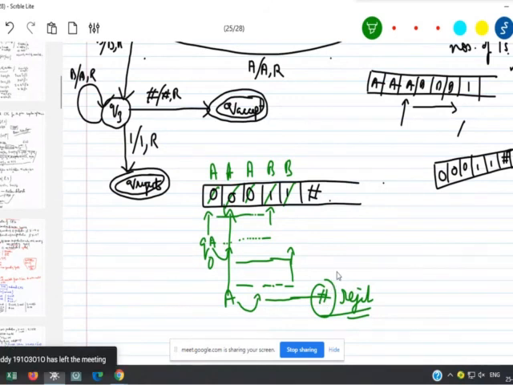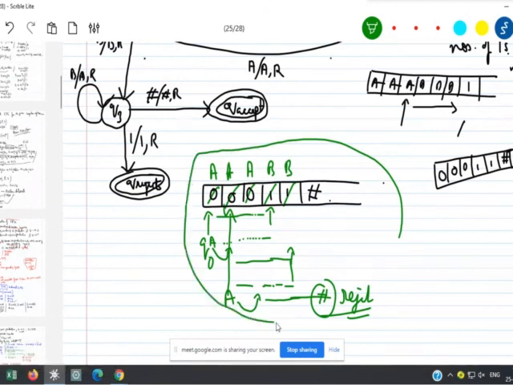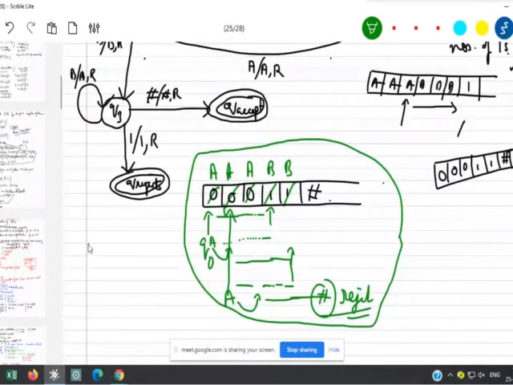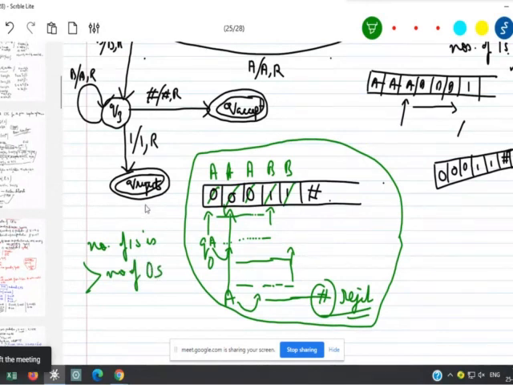So where do we need to insert it? Where do we need to modify it? Just note it down. I have explained in my diagram that in my Turing machine diagram, if the number of 1s is greater than the number of zeros, this Turing machine will be rejecting this string.